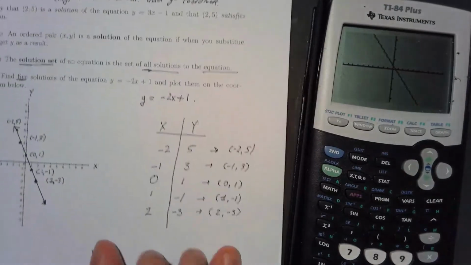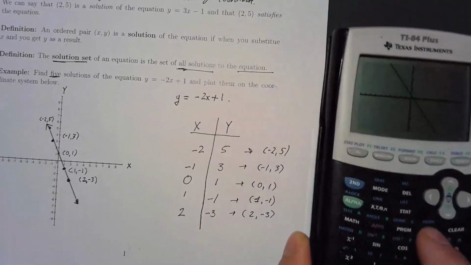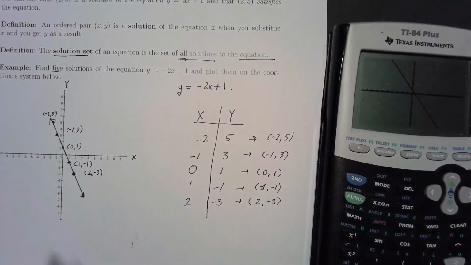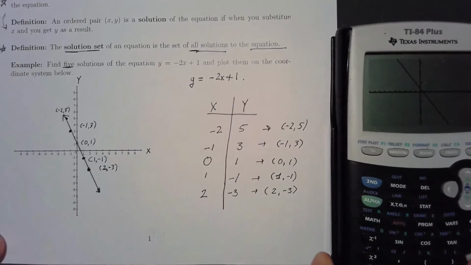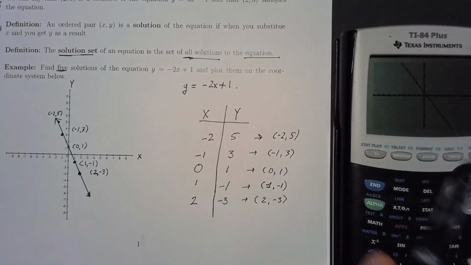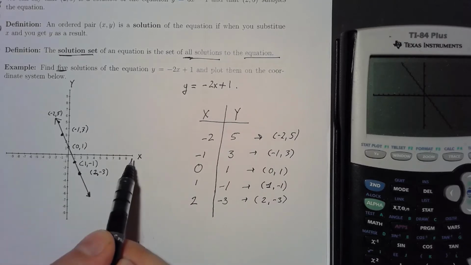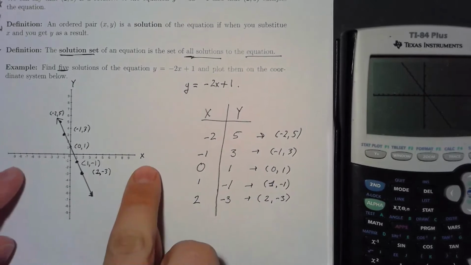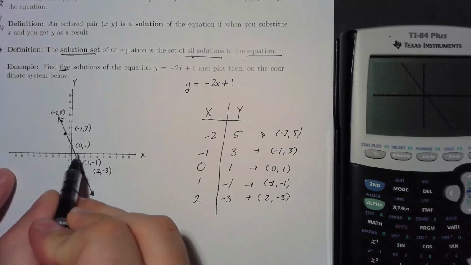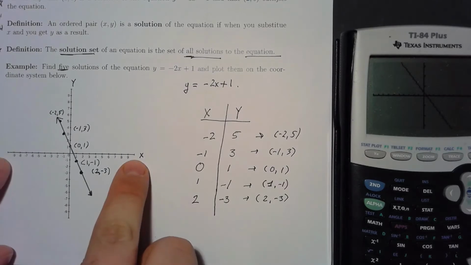Now, when it comes to graphing things in your calculator, if you want to keep the dimensions the same, you notice how this goes from negative 10 to 10. In the x direction, I'm going in increments of 1, and it spans from negative 10 to 10.